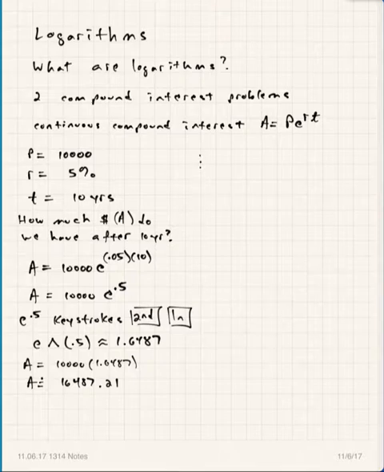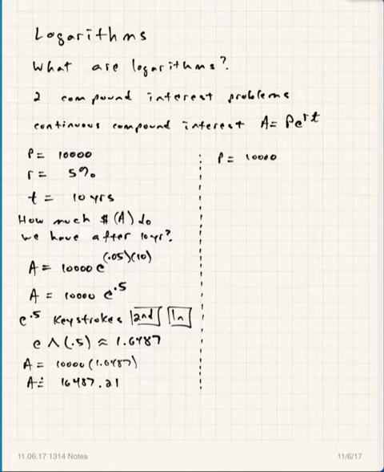All right. So remember, I talked about two compound interest problems. So I'm going to work another problem right alongside this one. And so on this one, let's say that P is 10,000 again. But in this case, we know A, we know the finishing amount is $20,000. Interest rate is still 5%. And t is our unknown.